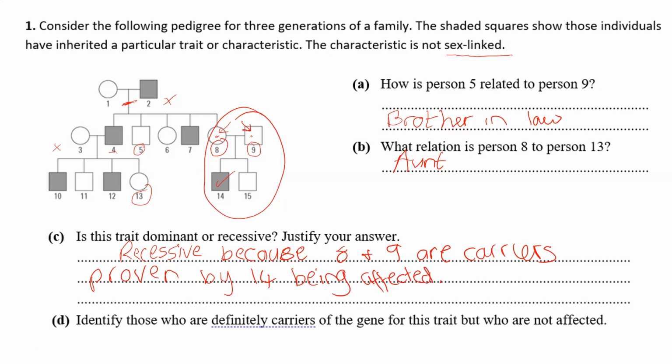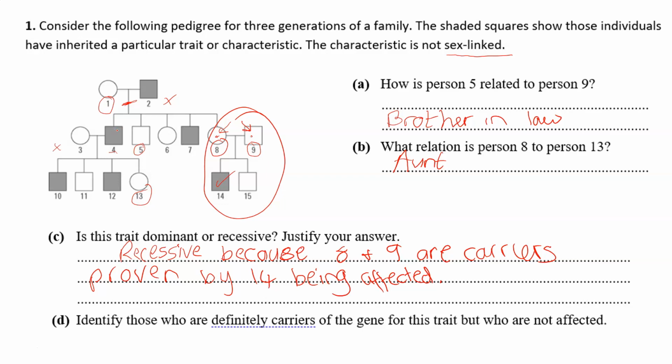All right, identify those who are definitely carriers of the gene for this trait and who are not affected. Okay, so let's have a think about this. Person number 1 will be a carrier because we know it's recessive.